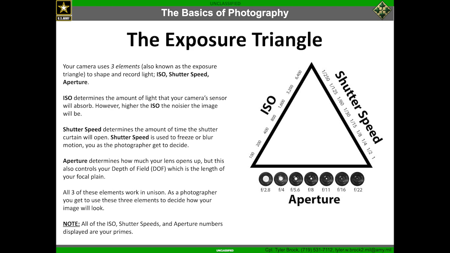Or you can split it between the two. So understanding that you can't change something within the exposure triangle without having to change another aspect of that triangle to get a properly exposed image. They all work together in unison.